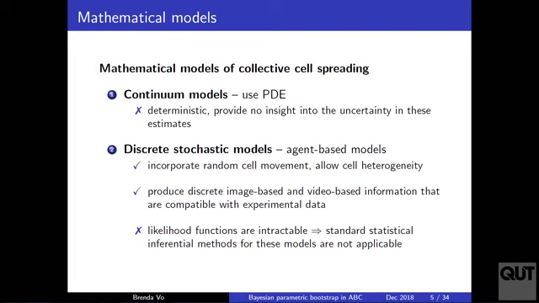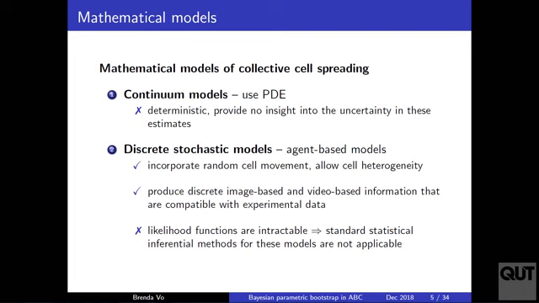The other approach is the discrete stochastic models, or agent-based models, where we incorporate the random movement of individual cells, and we allow cell heterogeneity as well, so it's really good, and they produce image-based data, which you will see a bit later.